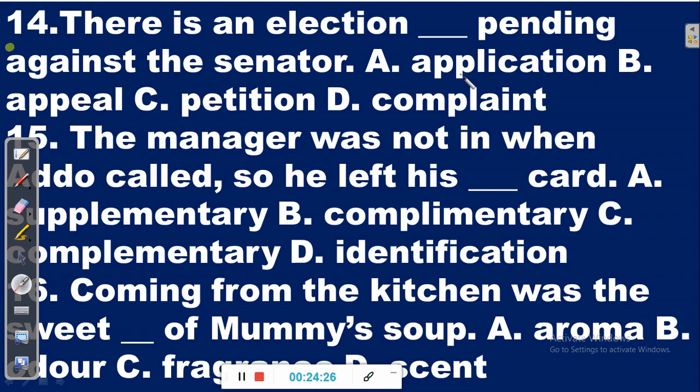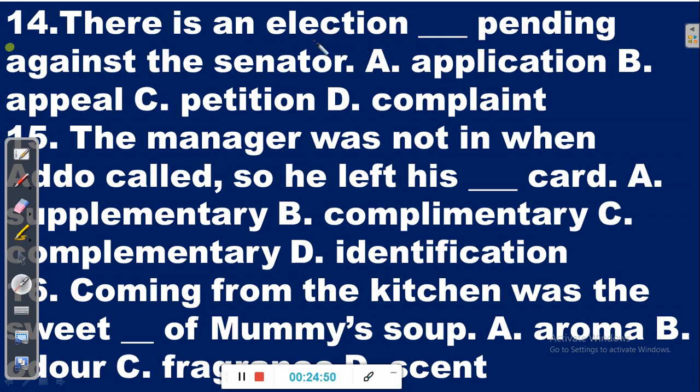When you look at the word application, it's an official request to be considered. You write an application letter when you are looking for a job in an organization. So it doesn't really fit in here, because we are talking about an election.